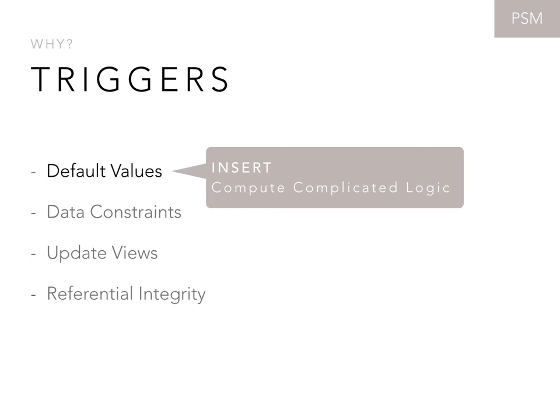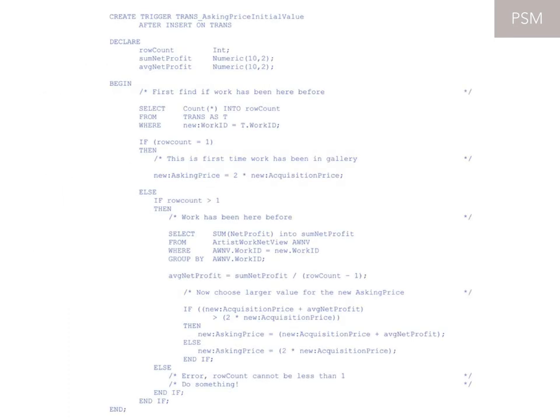It's not just get the current date and time, or it's not just put a 0 in, but it's dependent on other values. So in the book's example here, you see this create trigger, trans, asking price, initial value, after insert on trans. So this means that this happens after an insert. We define some variables there.